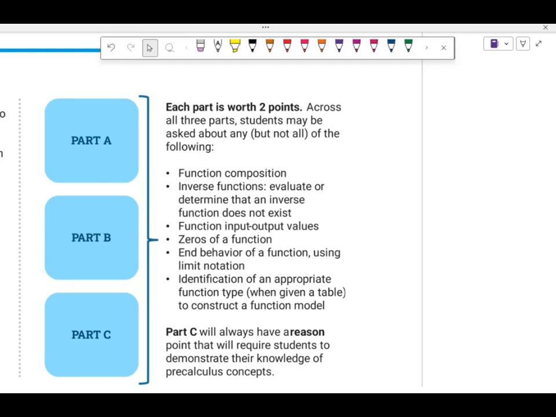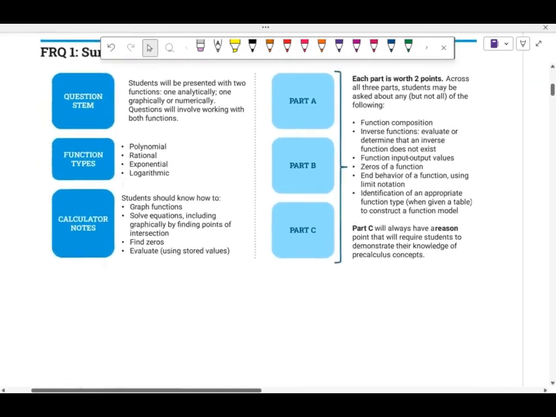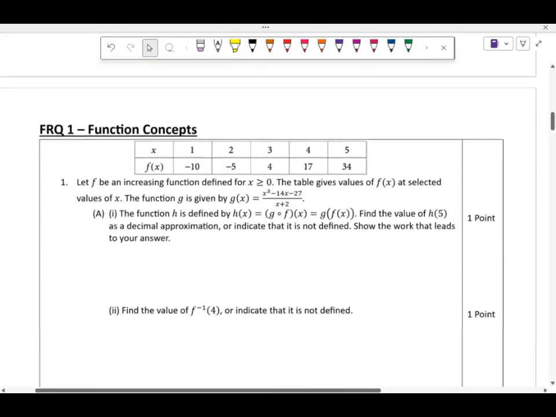Inverse functions, evaluating or determining that an inverse function does not exist. Function input-output values, zeros of a function, end behavior of a function using limit notation, identification of appropriate function type. And then part C will always have a reason point that will require you to demonstrate your knowledge of pre-calc concepts.